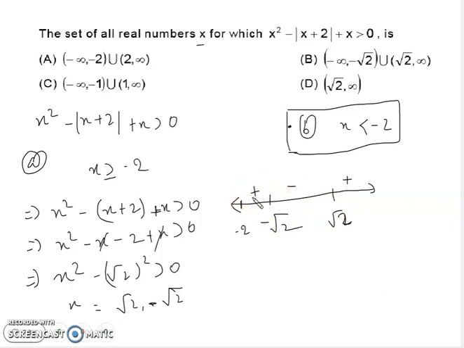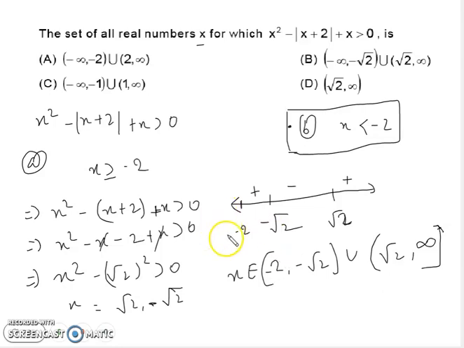So x belongs to minus 2 to minus root 2, union root 2 to infinity. This is the first case, and this is the range of x.